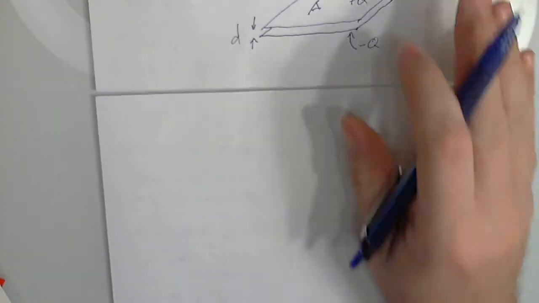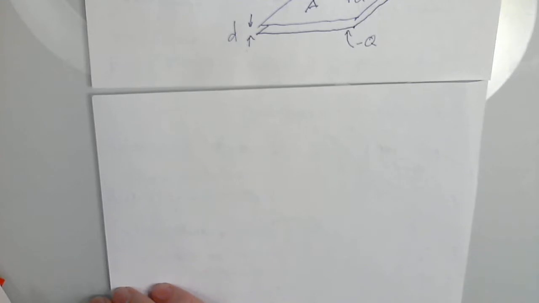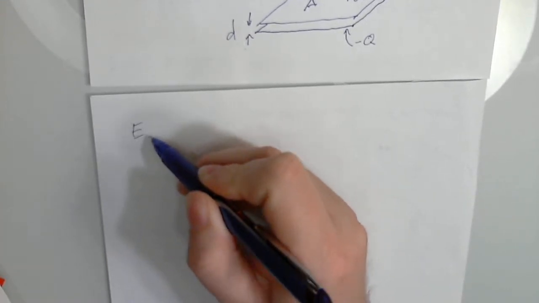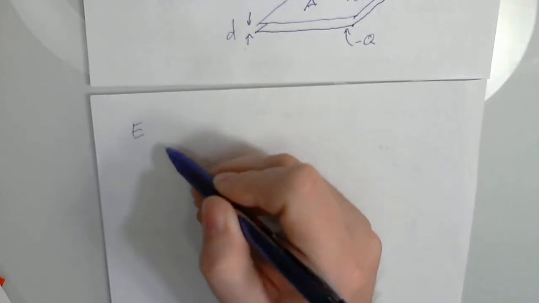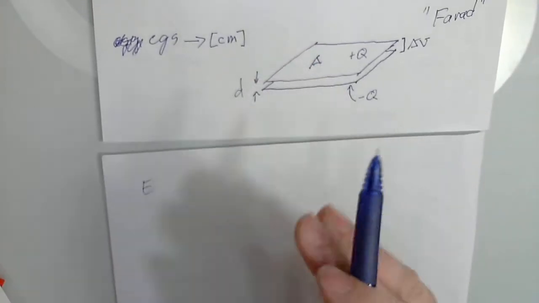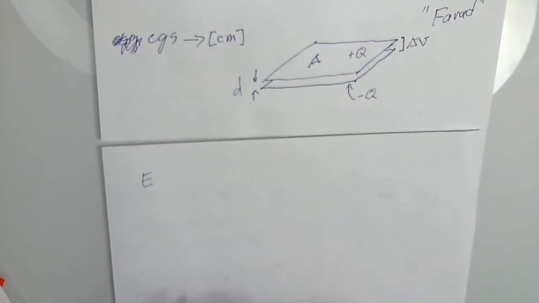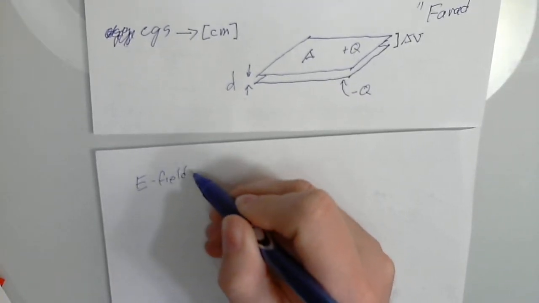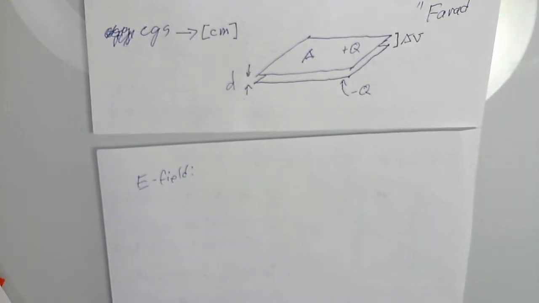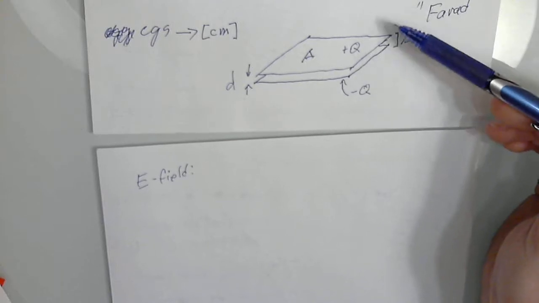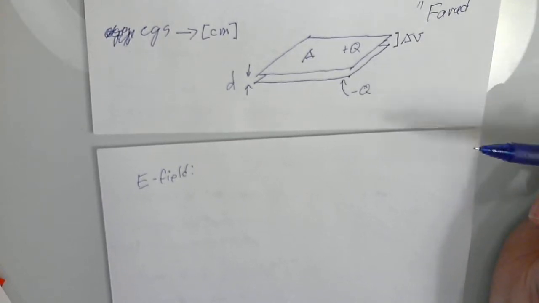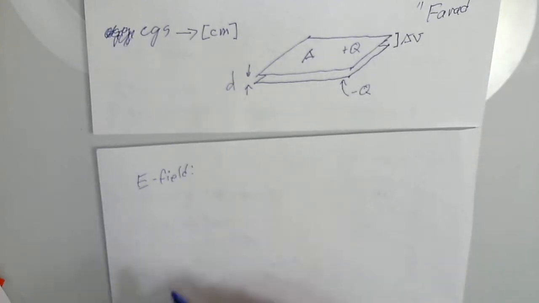First, let's think about the electric fields here. Let's think about the electric field from the two conducting plates that I'm interested in. Well, it's obviously going to be the sum of the electric field from each of the two plates. So let's think about the electric field from a single plate.